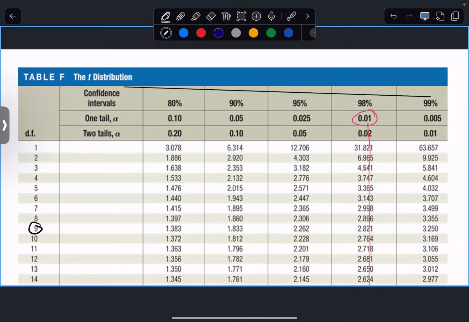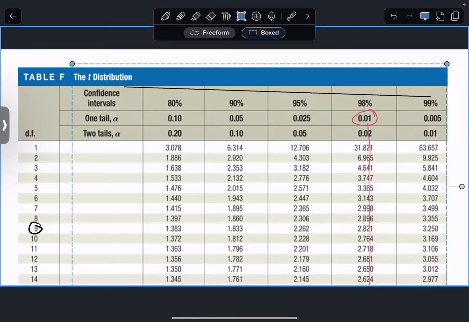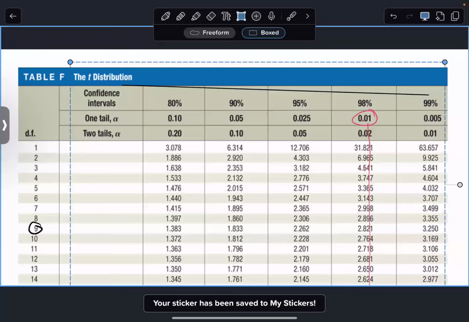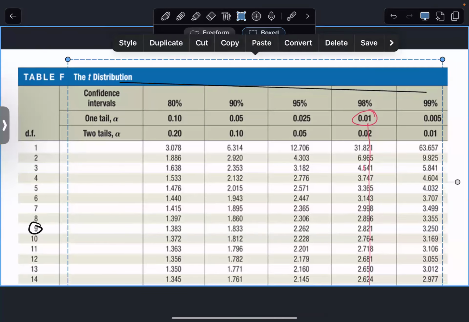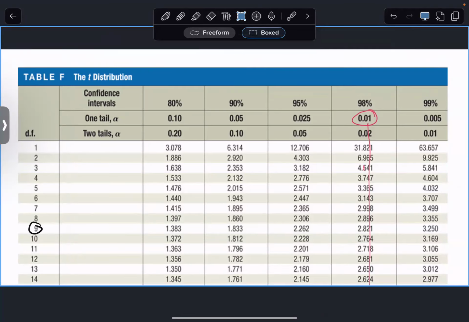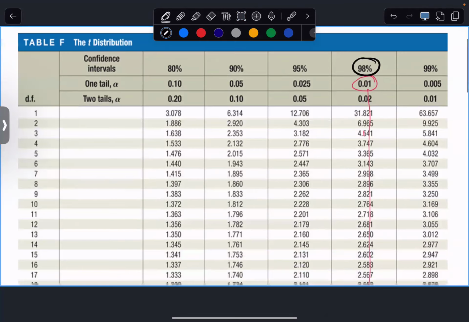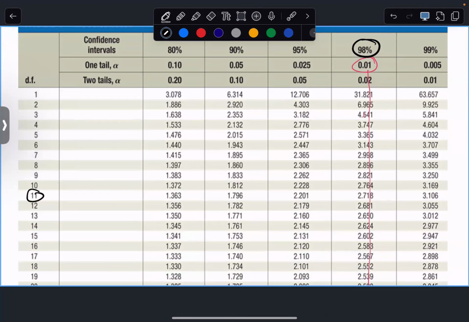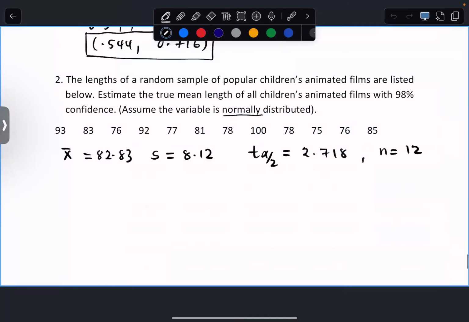Using the first row, we know 98% confidence is this column, and degrees of freedom is 11. So we trace here and we get our 2.718. Does that make sense?